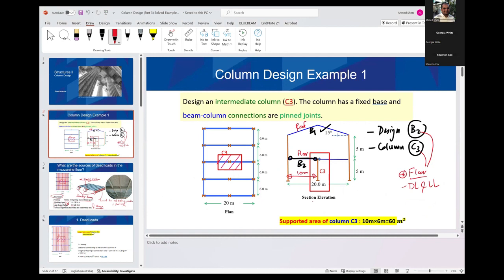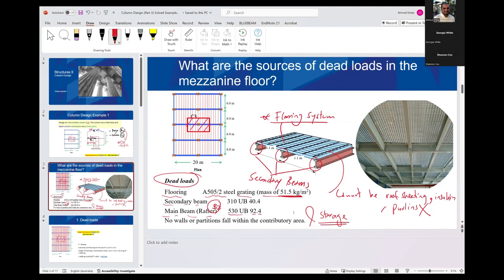If the spacing between the secondary beams is 1, you will have almost 10 secondary beams. If it is 5, you can use 5 secondary beams. So the number of secondary beams would be assumed. Up to here is okay. Do you understand why the flooring should be different? Because B2 is supporting a floor, not a roof.